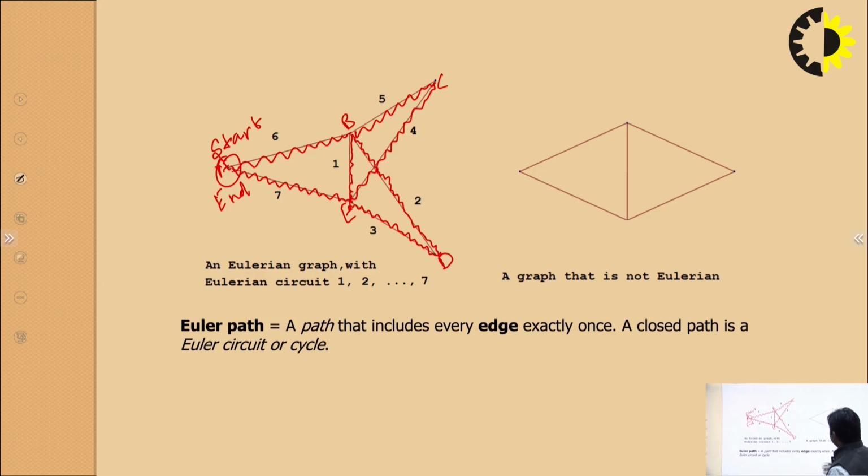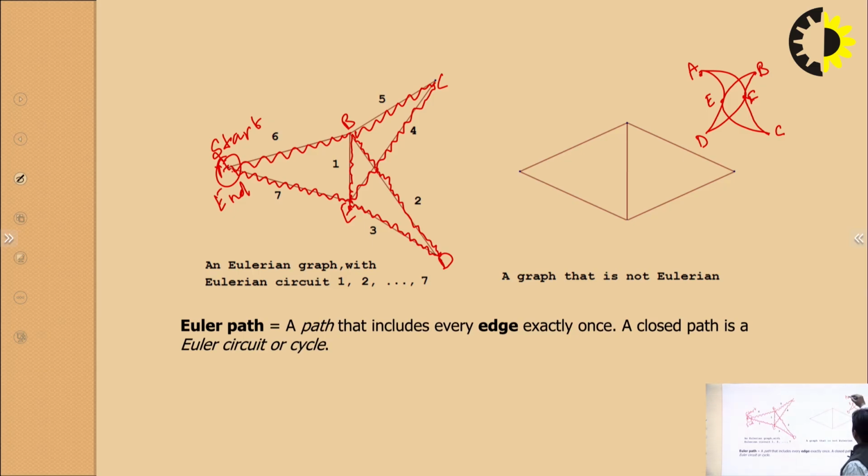We can take another example. A, B, C, D, E, F. These are the vertices. This is a graph. We have to show whether this is an Eulerian graph or not, meaning whether this will form an Euler circuit or not.